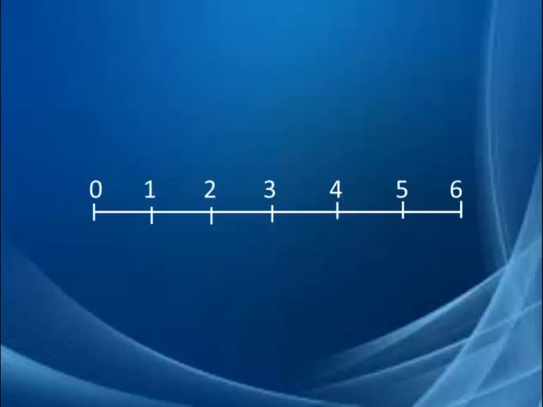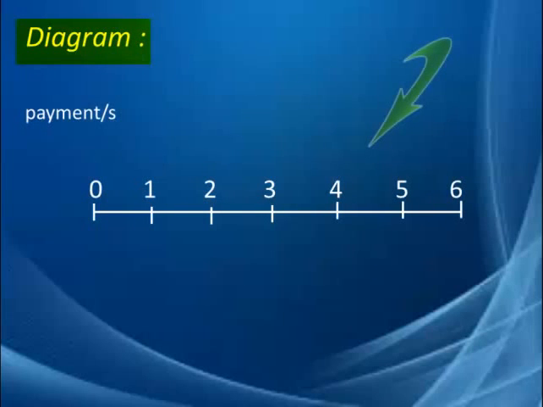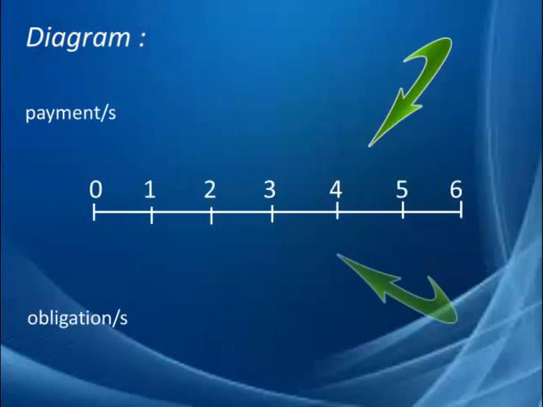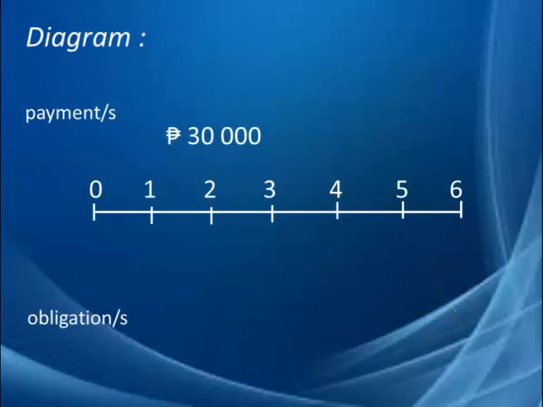Let us have our time diagram. All payments must be written above the line and obligations below the line. On the second year, we have a payment of 30,000 pesos, 40,000 pesos on the third year, and the final payment on the fourth year.